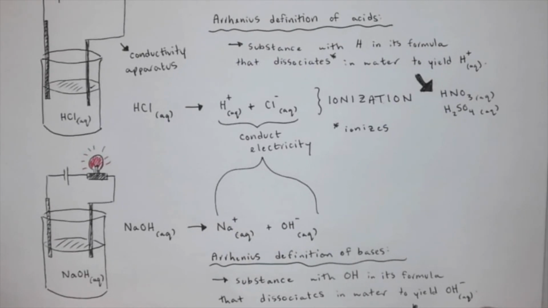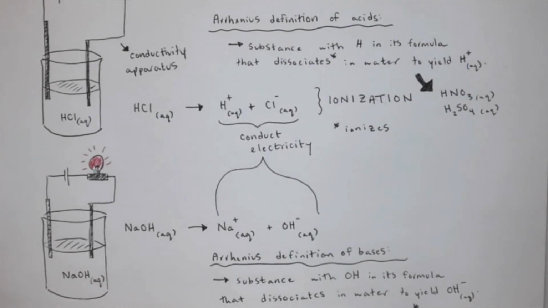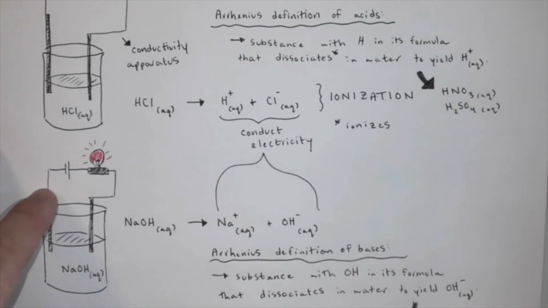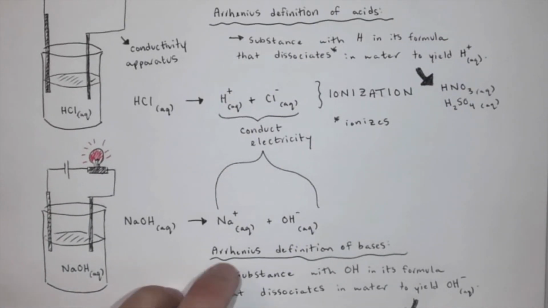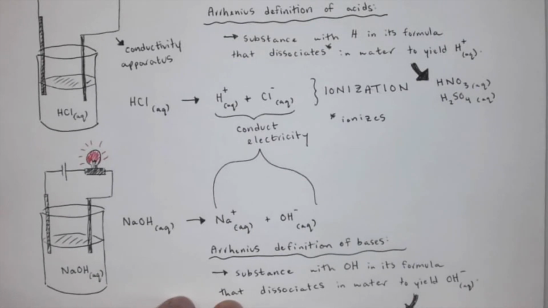of an Arrhenius base? Well, they all will have hydroxide in their formula. So this would be, we already saw, sodium hydroxide, but we could have potassium hydroxide. We could have barium hydroxide. Wasn't watching what I was doing there.